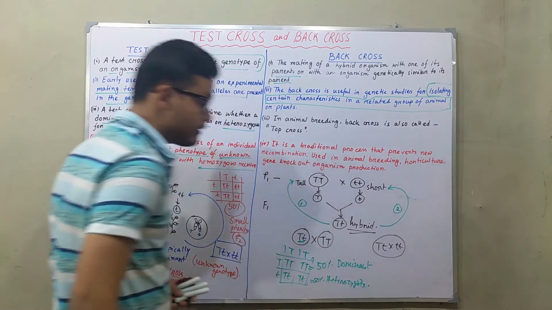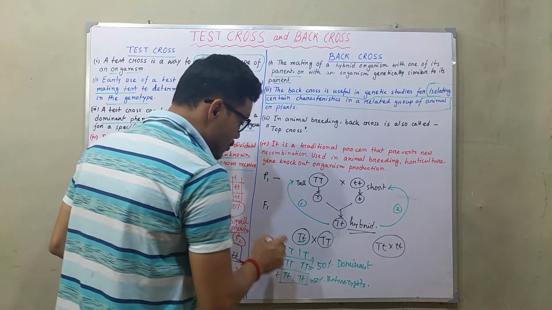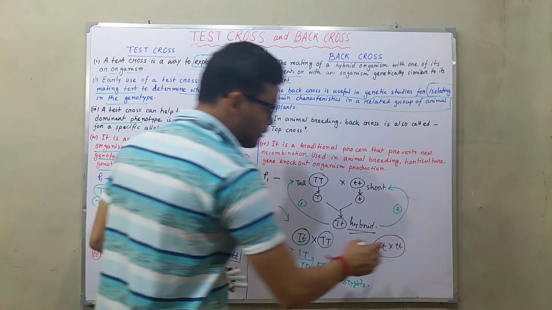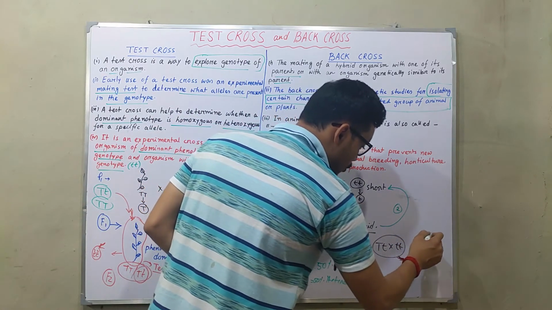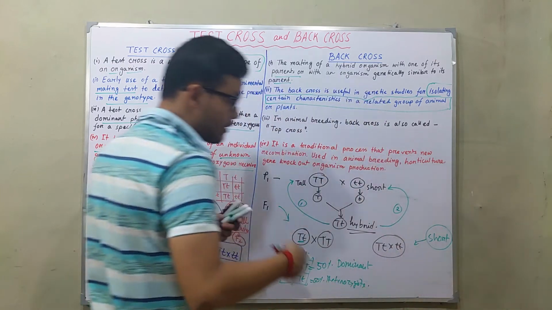So whenever we have to isolate this dominant phenotype or these dominant characteristics, we have to use the back cross.